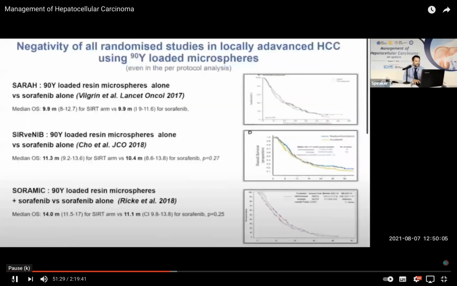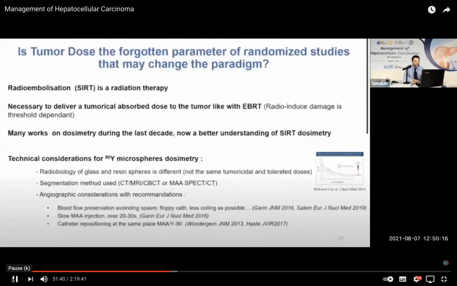These were the 3 trials which were basically saying that TARE isn't very good. Subsequently, there's been some more research done, the DOSISPHERE study, and what they basically said was that they weren't giving sufficient dose. The other thing is that in the trials, those patients who were taking sorafenib were on 800 milligrams, the BD dose, which we know a lot of our patients are unable to take.